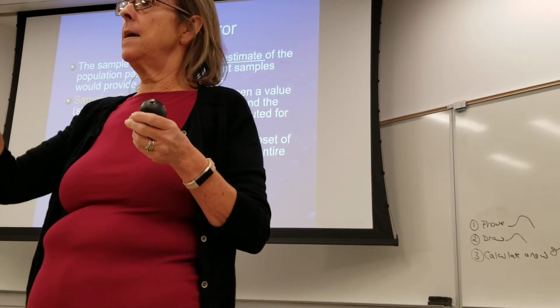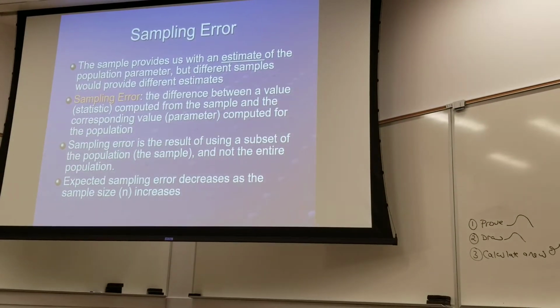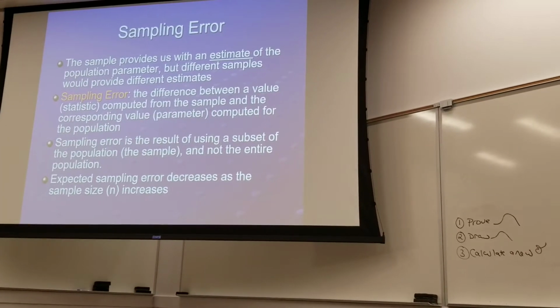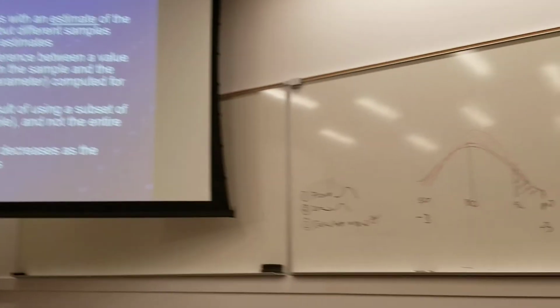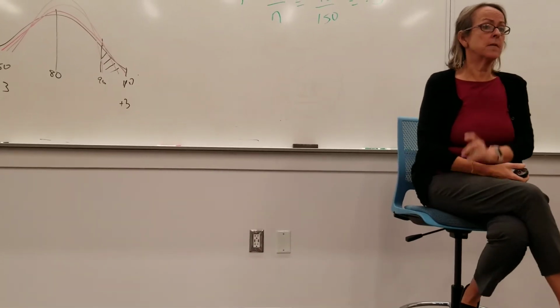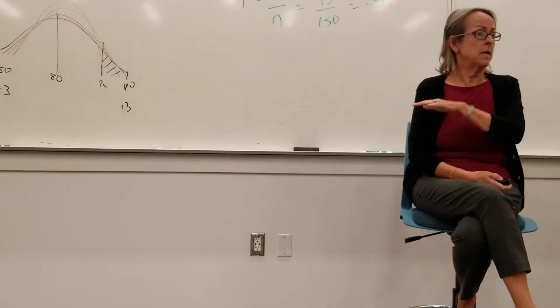Because the bigger the sample, the smaller the error rate, because I'm leaving out fewer people. So I've got more data. Okay, so you have to understand this inverse relationship. The bigger the sample, the smaller the error, because you've got a better, more accurate data set.